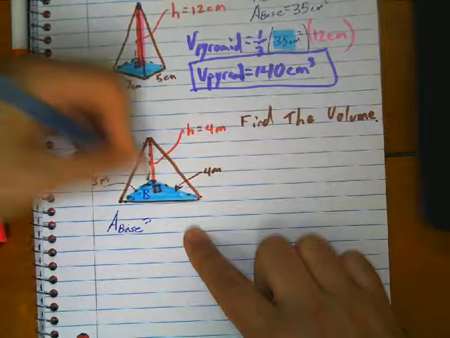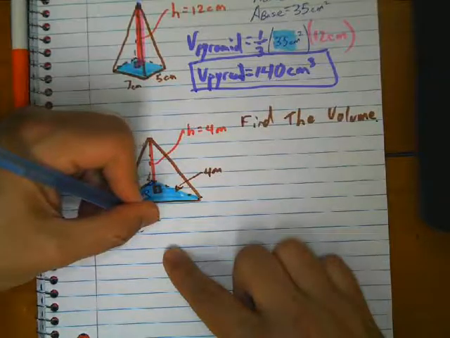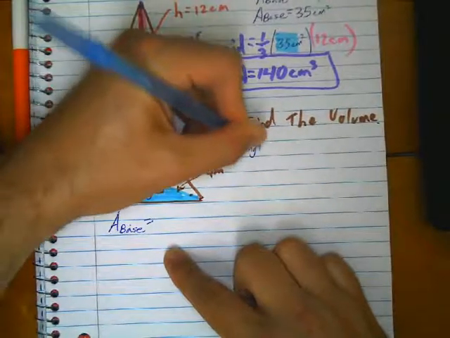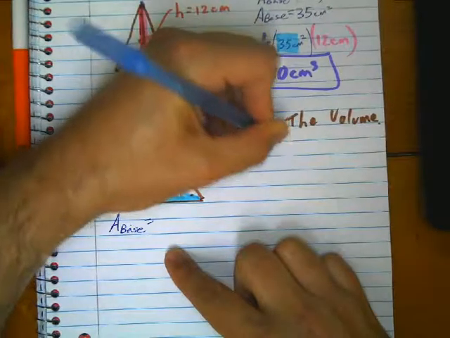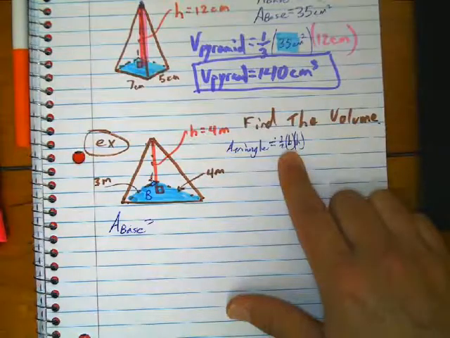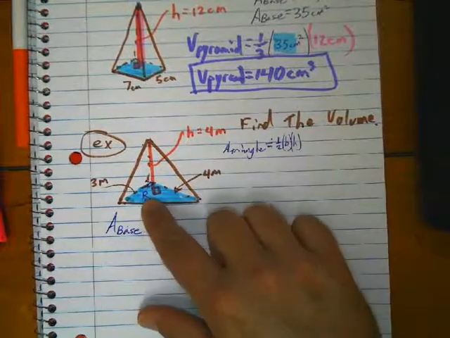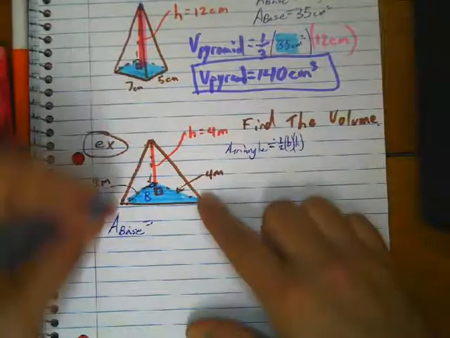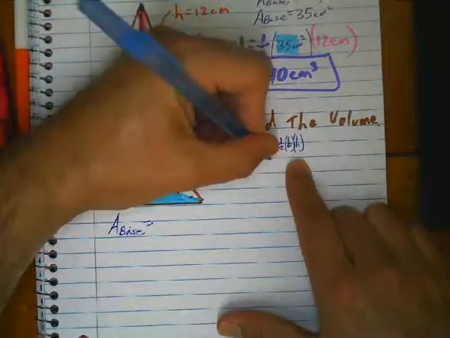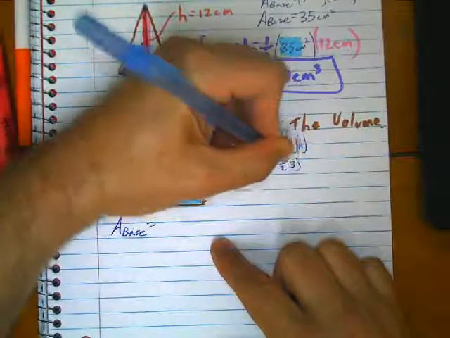Okay, so the base area of a triangle is 1/2 base times height. Now I'm using a lowercase b for the base of the triangle, the length of the line, and a capital B for the area of the base. So the area of this triangle is going to be 1/2 times 3 times 4.